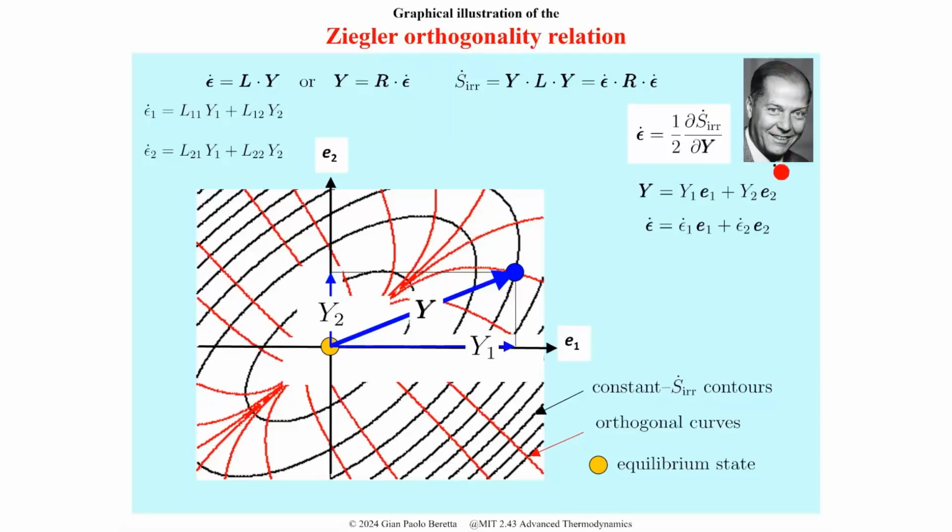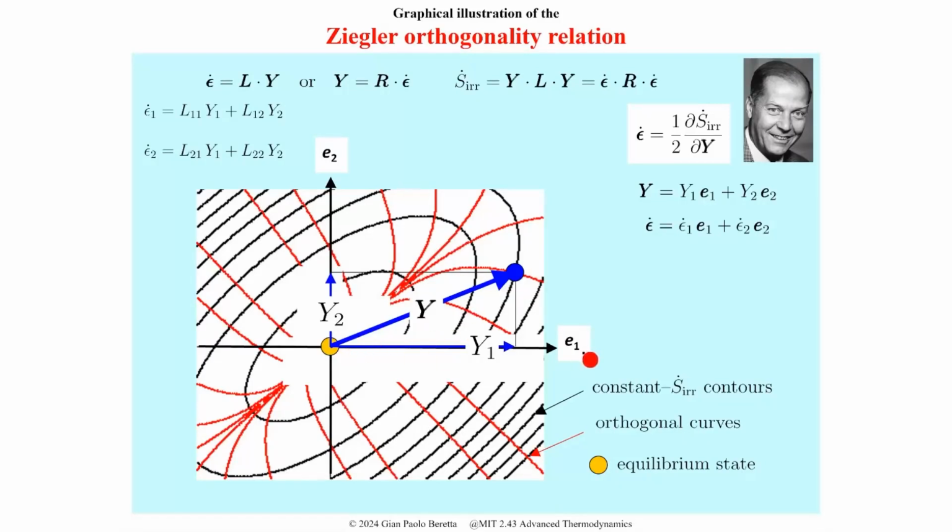This is Ziegler. And this is the pictorial representation of his orthogonality relation. So suppose we have two reactions.